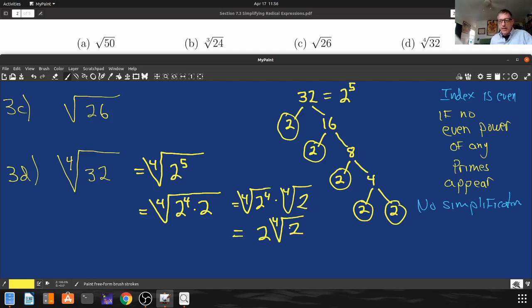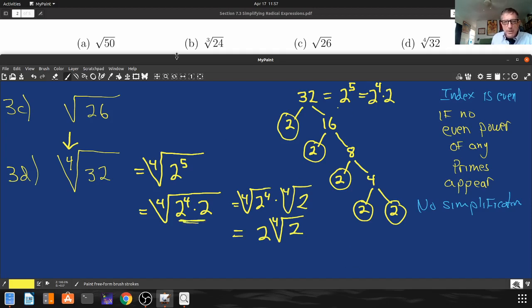So basically, when you look at the index of a radical and do the prime factorization, you look at ways you can transform something into a 4th power. Here, 2 to the 5th is 2 to the 4th times 2, and there I have my 4th power.